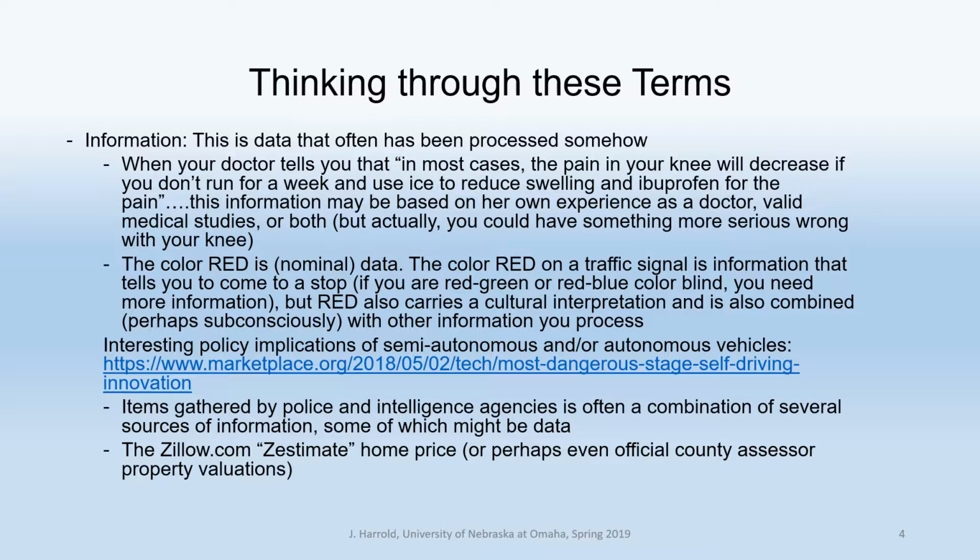As we move into this technology of autonomous vehicles, what are the policy implications? The point that this particular episode of Marketplace is talking about is perhaps the policy implications of semi-autonomous vehicles. I drive a semi-autonomous vehicle, which means I have blind spot detectors in the mirrors of one of my cars.